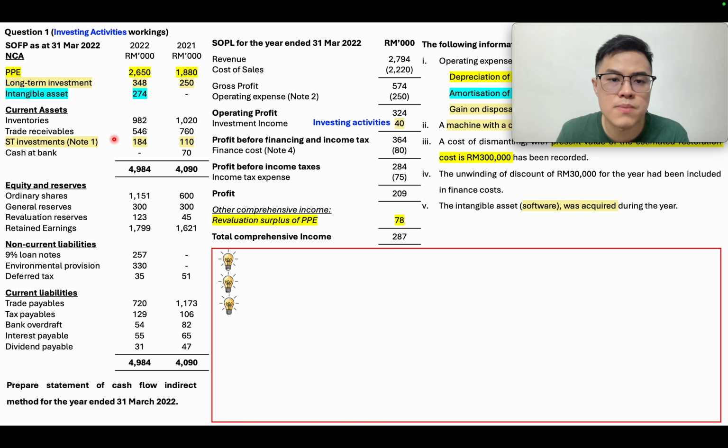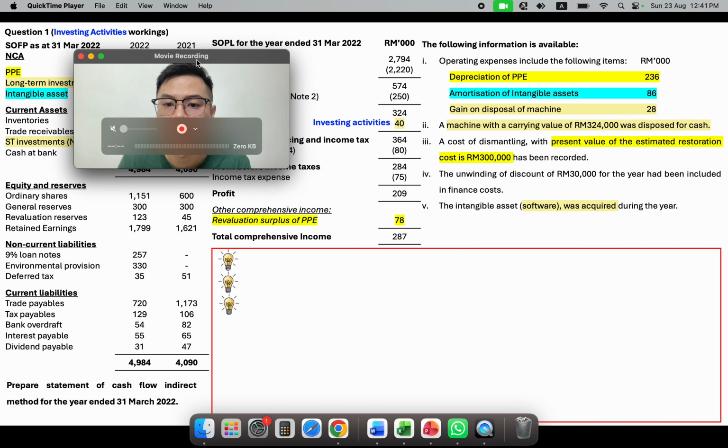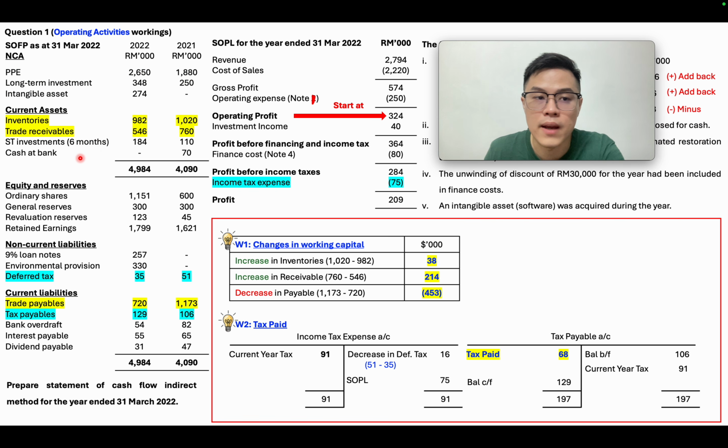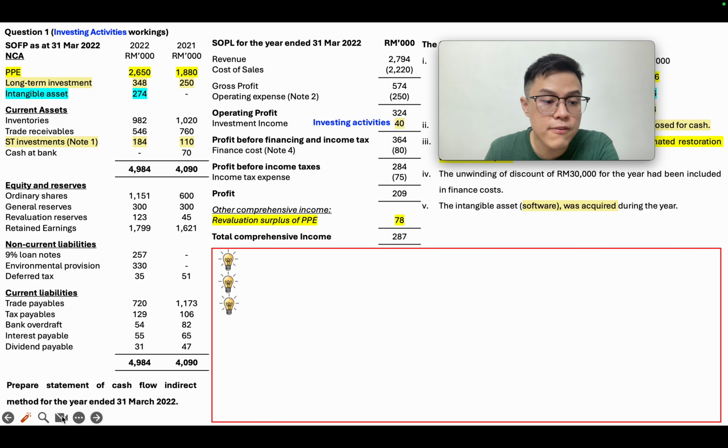So short-term investment refer to notes number 1. Short-term investment is 6 months. Okay, let's go back to here. If this is a 6 month short-term investment, therefore, we know it is more than 3 months.